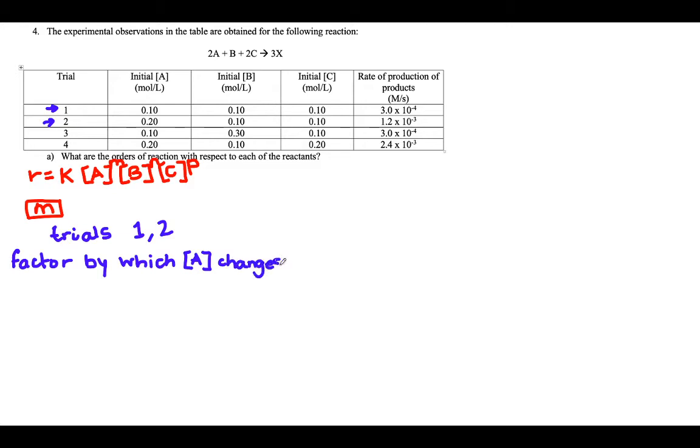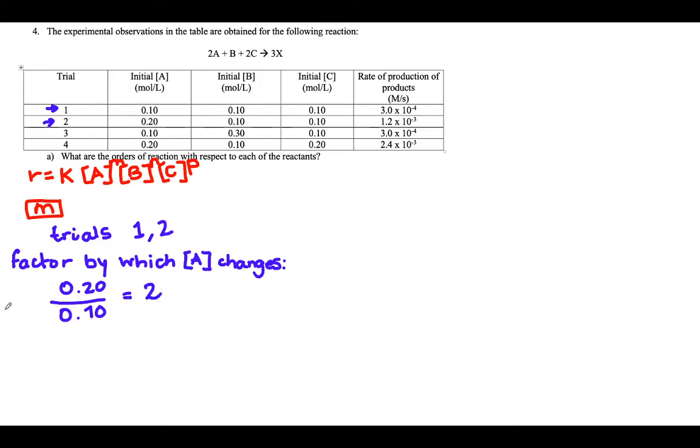I'm going to write it all out in a lot of detail for this first example, and then the other 2 I'm going to move kind of quickly. So in order for me to find out the factor by which concentration of A changes, I have to divide these 2 values. So I'm going to choose trial 2 to become the numerator. So I'm going to write 0.20 divided by 0.10, which gives me the value 2.